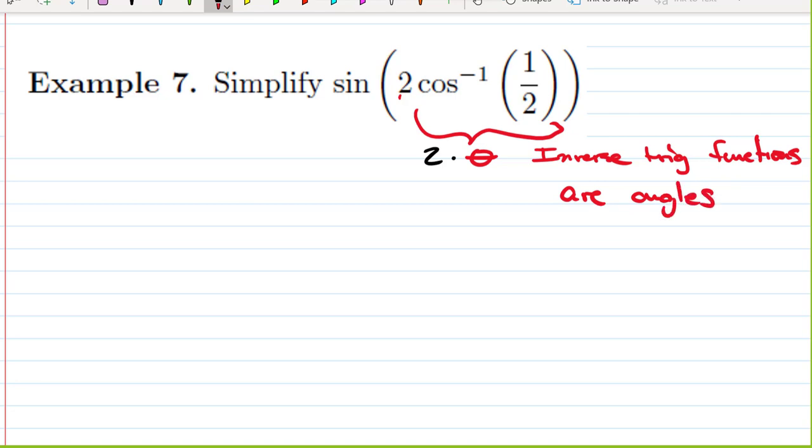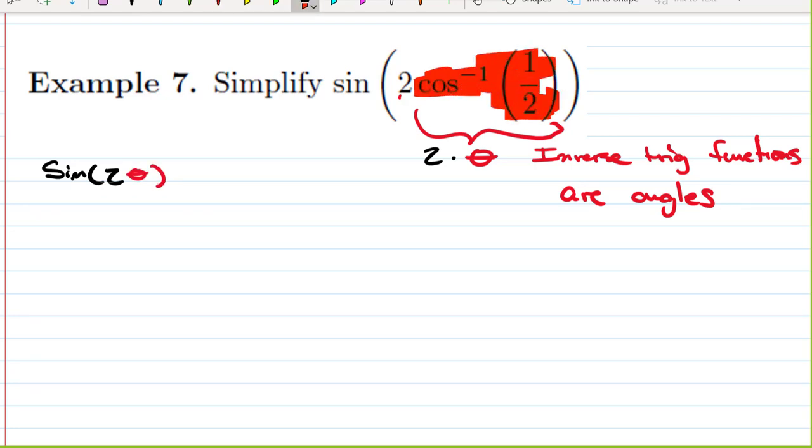So if that's the case, we need to use the double angle identity, because we have the sine of 2 times theta, where theta is the cosine inverse of 1/2.